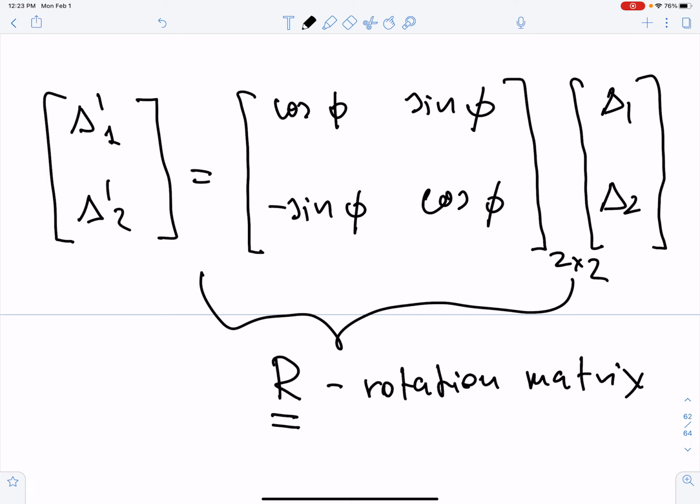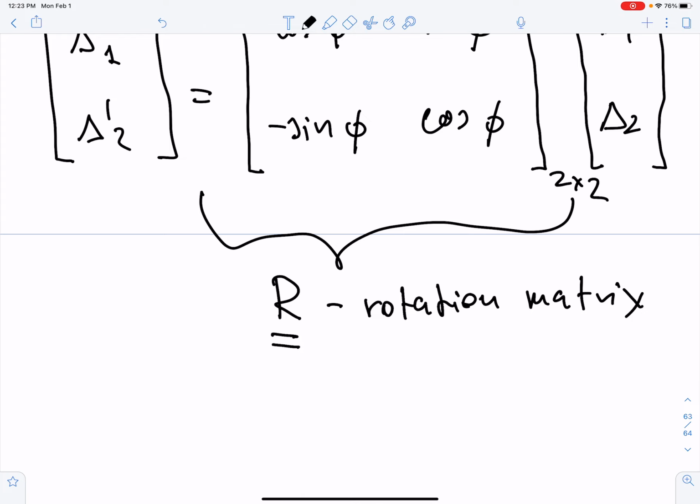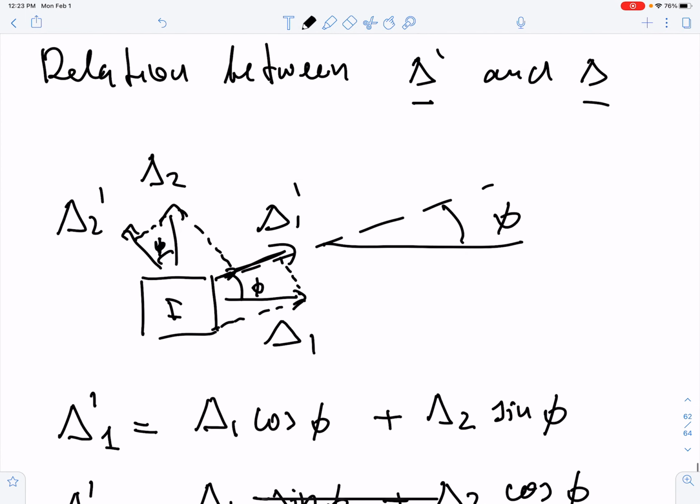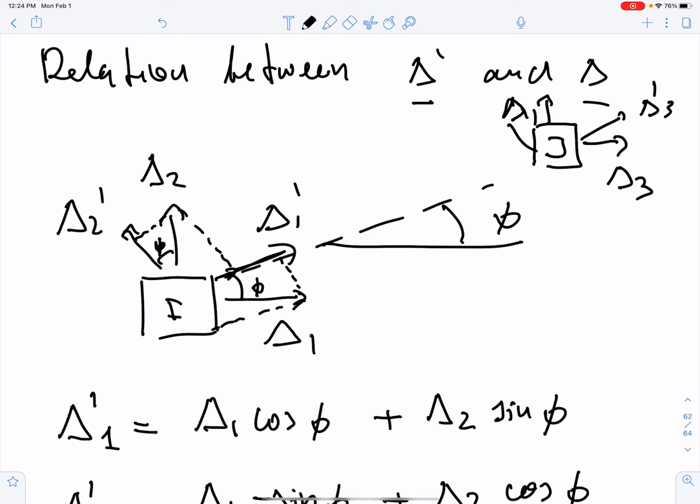It rotates, at node I, displacements that are referred to the global coordinate system into displacements that are referred to the local. Now I can go ahead and repeat this for node J. I have my delta 3, delta 4, and my delta prime 3 and delta prime 4. And guess what? These use the same angle.